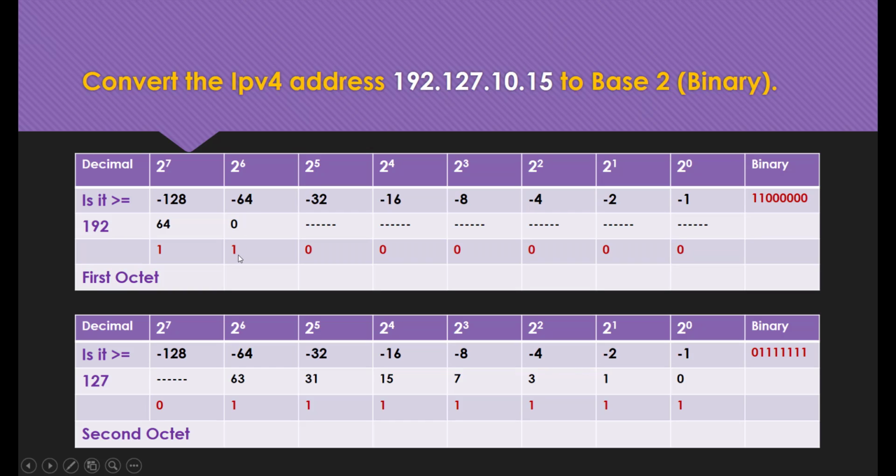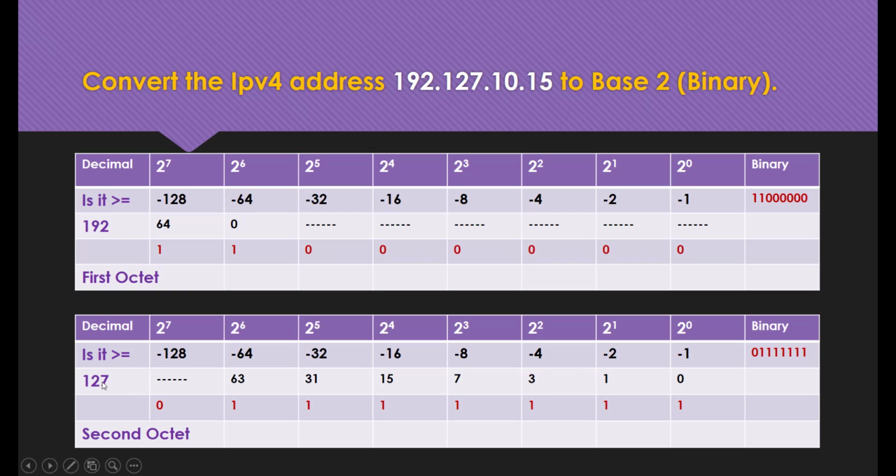So you have true, which is 1, and a remainder of 0. Then you take 0 to the next one. Is 0 greater or equals to 32? Which is not. That's why we have 0, and no remainder, that's why we have dash. And the same thing onwards: dash and 0, dash 0, dash 0. So eventually converting 192 to binary will give us 11000000.